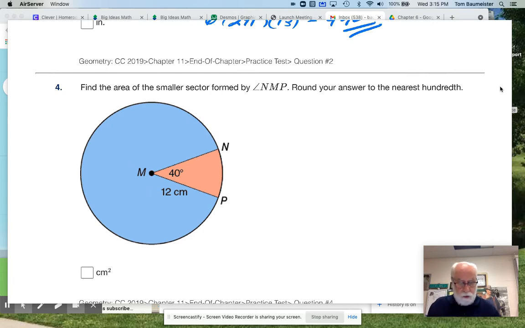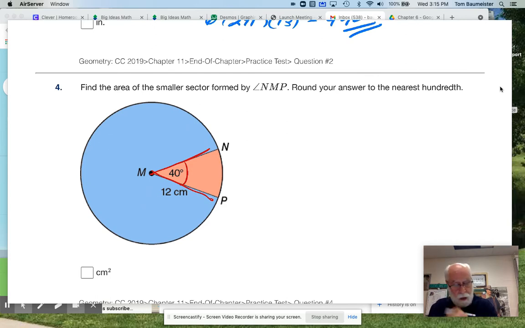Find the area of the smaller sector formed by NMP. So here's our angle, right? So they want us to find the salmon colored area. Okay. So we find the salmon colored area.